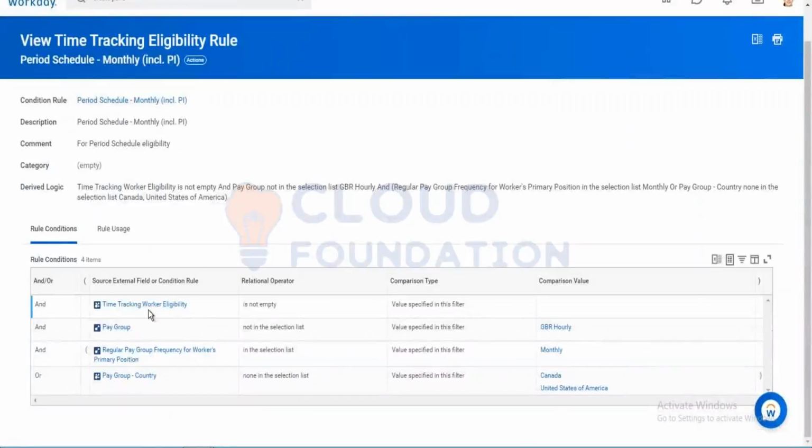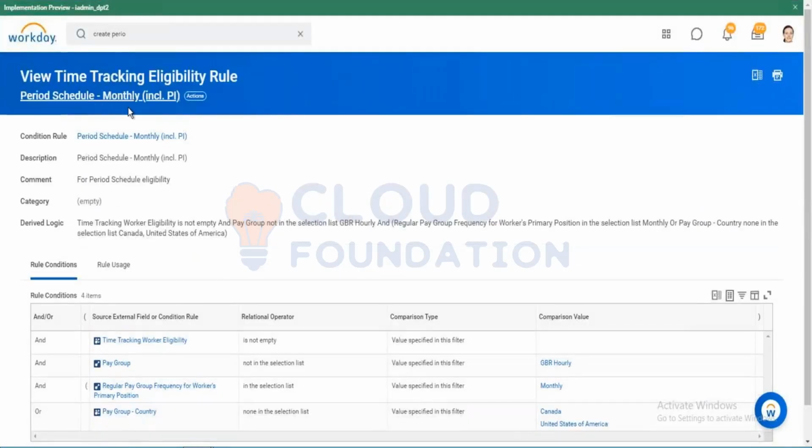Time tracking worker eligibility is known as Workday time tracking eligibility. In SCM we have condition rule eligibility or compensation package eligibility, salary package eligibility. But for time tracking they have a specific set of eligibility rules.